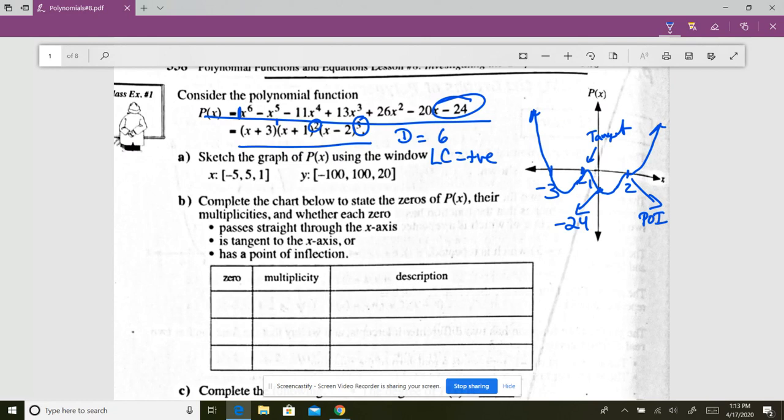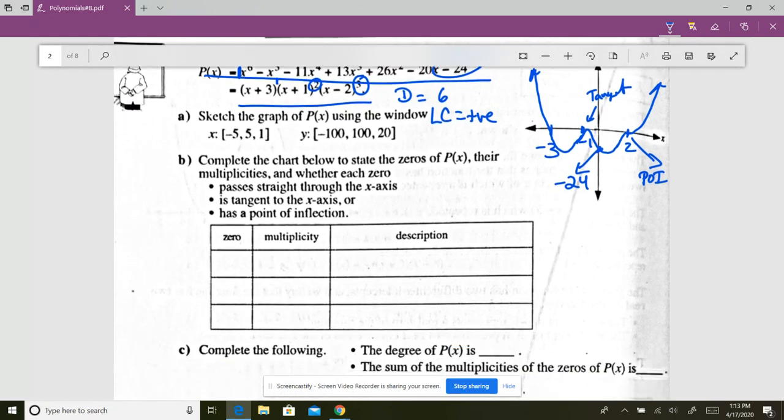All right, so we can fill in this little table here. So we have 3 zeros. We have -3, -1, and 2. -3 is a multiplicity of 1. -1 is a multiplicity of 2, and 2 has a multiplicity of 3. This passes through the graph for the x-intercept.